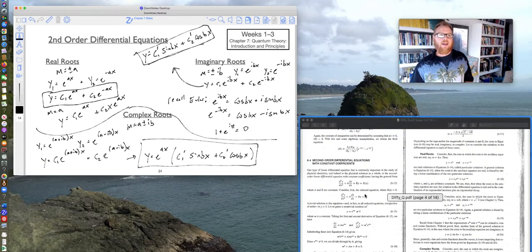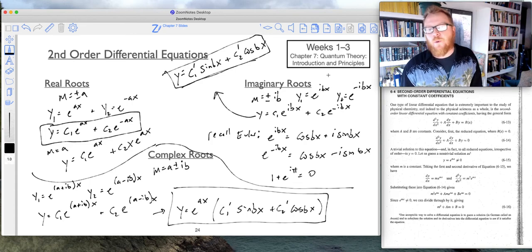If we get an imaginary root, in other words, if the solution to my quadratic is plus or minus ib, just go directly to this: sine bx plus cosine bx with some arbitrary constants in front of those things.